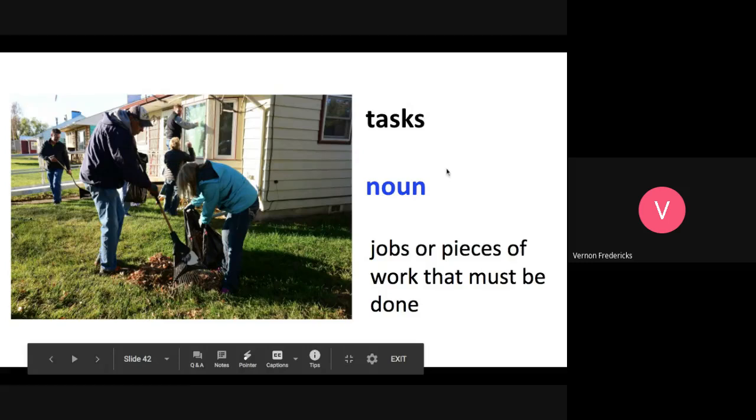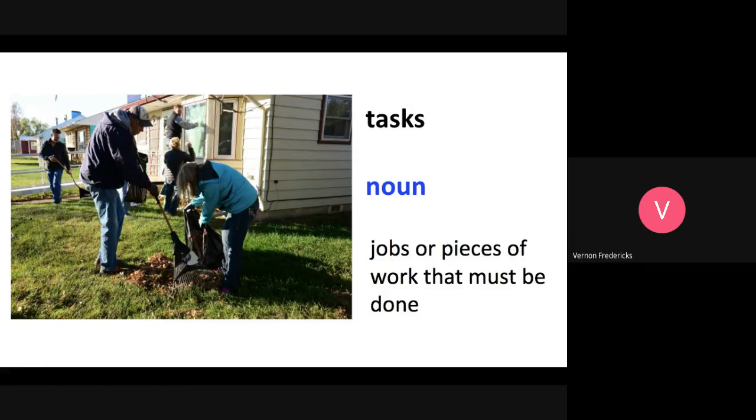The next noun is tasks. Tasks are jobs or pieces of work that must be done. Things that you have to do are tasks. You have to study. Task number one. Task number two, you have to make sure your younger brothers and sisters eat their lunches.